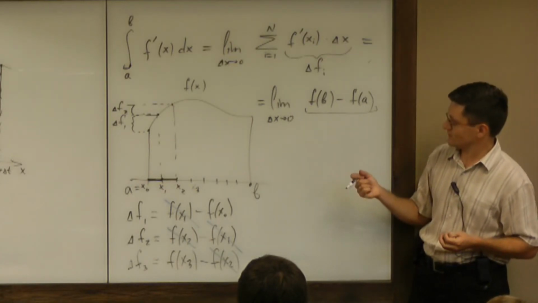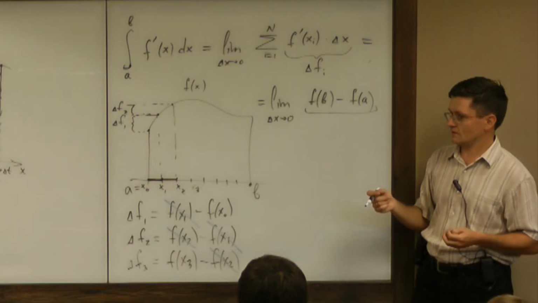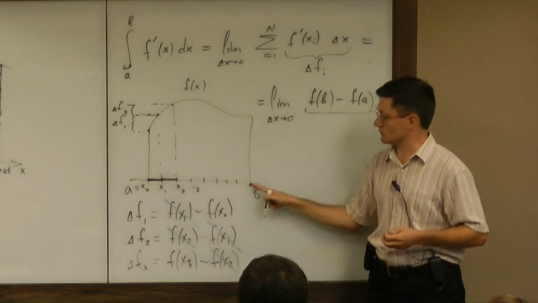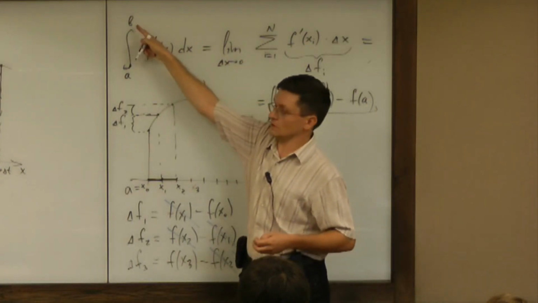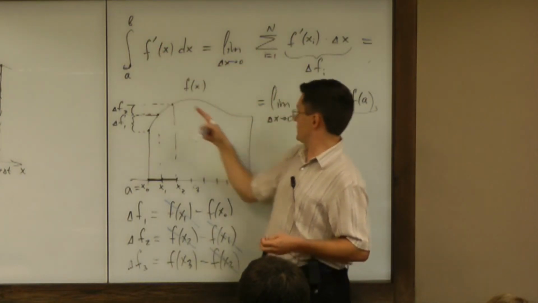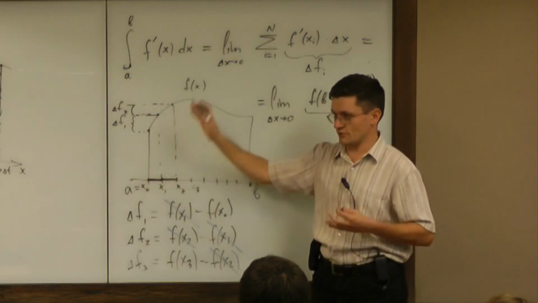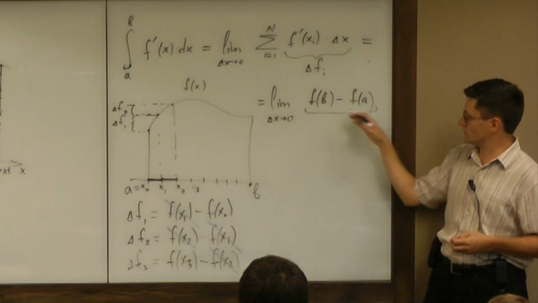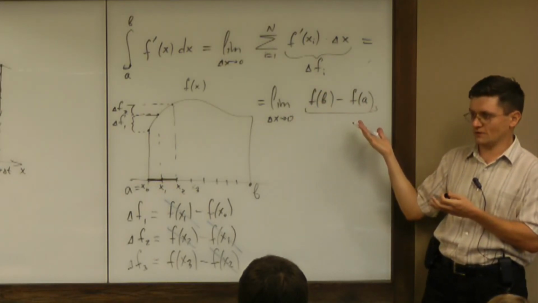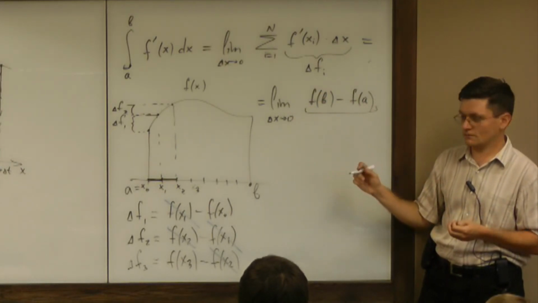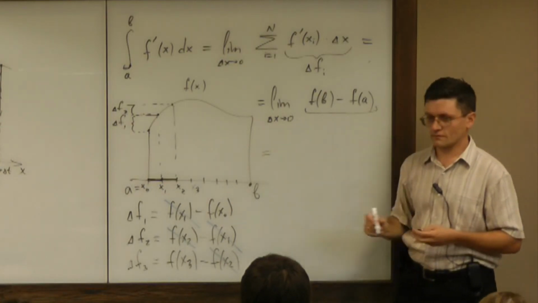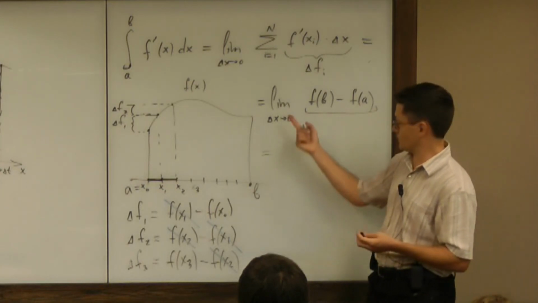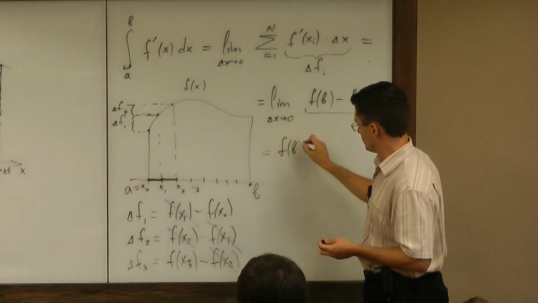Well, b is some number we had in the integral, right? And a is some number we had in the integral originally. We introduced delta x much later, so delta x doesn't even show up in this equation. Yeah, because it doesn't matter how wide the interval delta x is, no matter how many intervals you have, it's going to end up being b minus a. Exactly. So the limit of this is exactly f of b minus f of a.